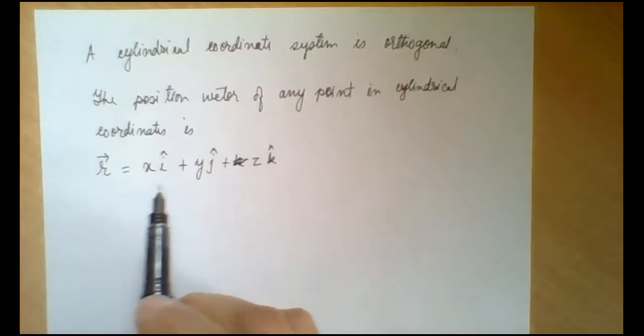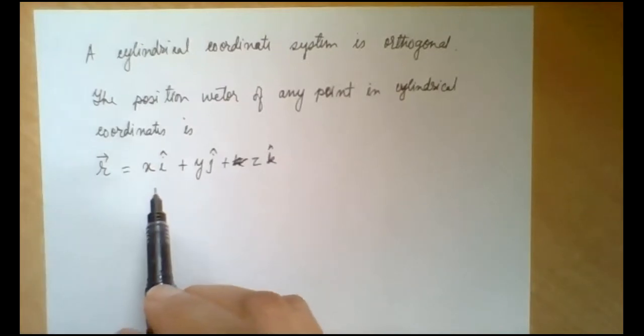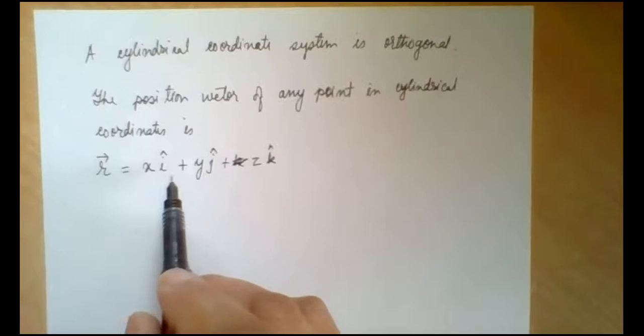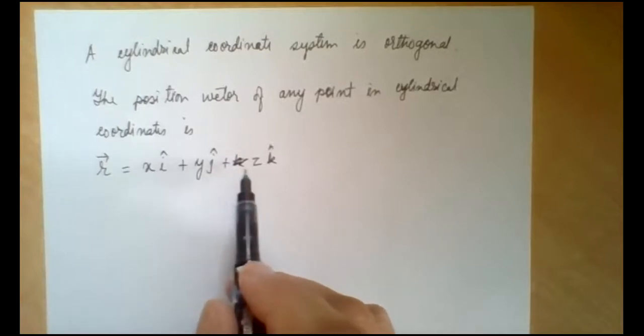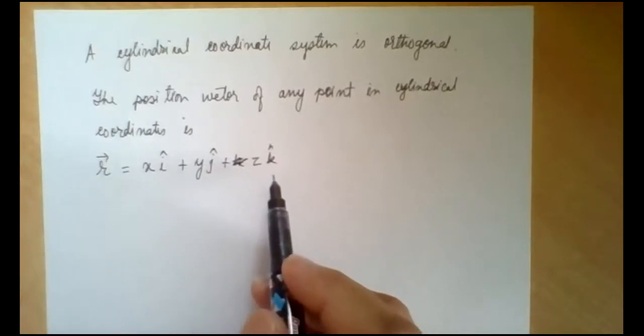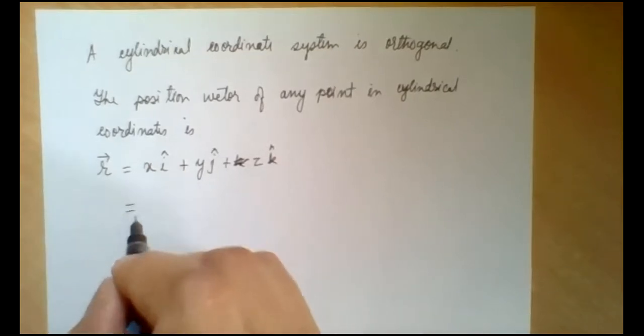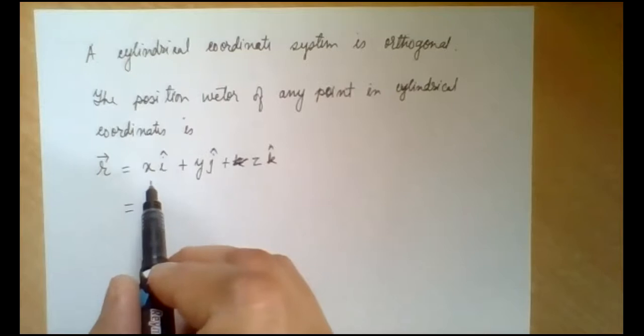The position vector of any point in the Cartesian coordinate system is x i cap plus y j cap plus z k cap. Now we can write this in cylindrical coordinates. How? We already know that in cylindrical coordinates x equals rho cos phi.